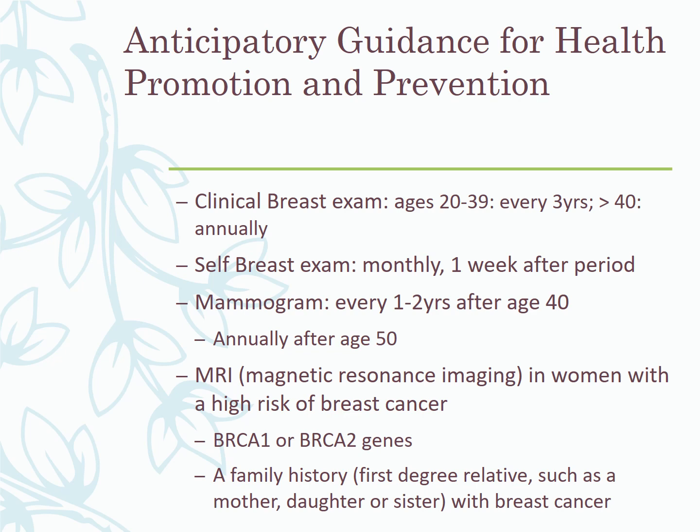Now, there is some new data out there that the older you get, the less you have to do this. You can do MRIs in women with high risk of breast cancer. We also look if they're carrying the BRCA1 or BRCA2 genes. We also look at family history. Is there a first degree relative, such as a mother, daughter, or sister with breast cancer?